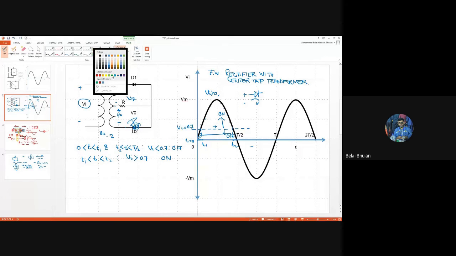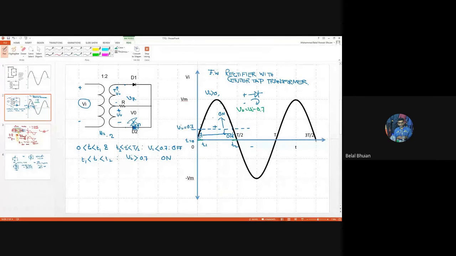So let's say from 0 to T1, the diode is off, so output is 0. T2 to capital T by 2, diode is off, output is 0. And Vo is equal to Vi minus 0.7. So that means the output is going to take the same shape as the input, except that it will be dropped by 0.7.